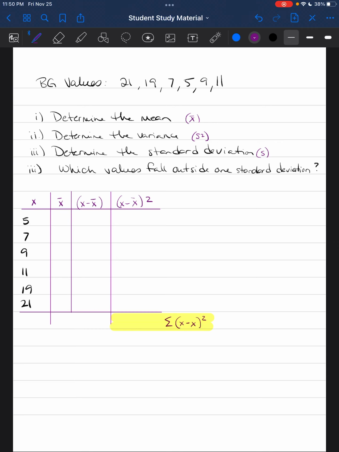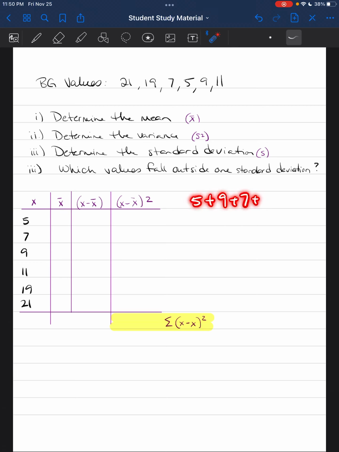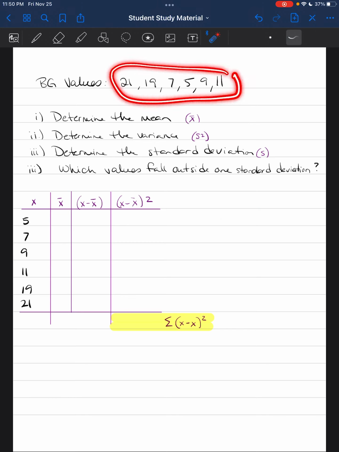We add together all of these values: 5 plus 9 plus 7 plus 11 plus 19 plus 21, divided by 6, because we have 6 values in the data set. The sum of these values divided by 6 gives us a mean of 12.